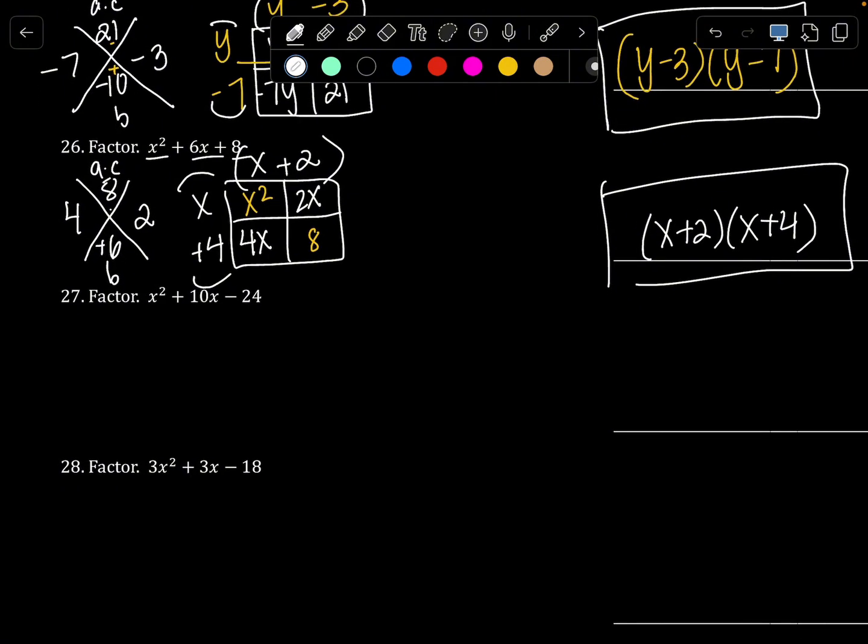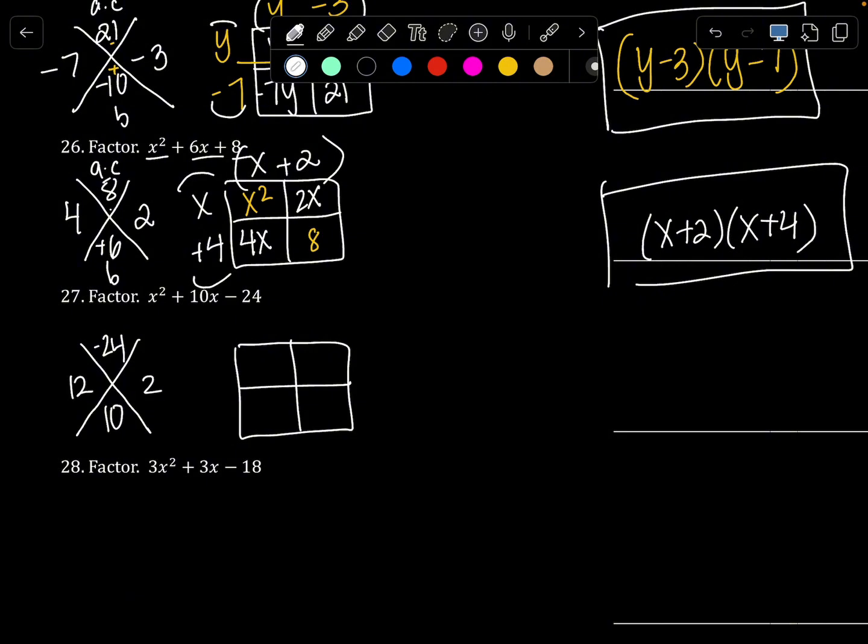27, we got a factor. Okay, same thing. I feel like this is just repetition, but I'm going to do it again. -24, a 10, and we get 12 times 2, but we need a negative, okay, and we need a +10. So it's 12 times -2 is a -24, and then you add to 10.